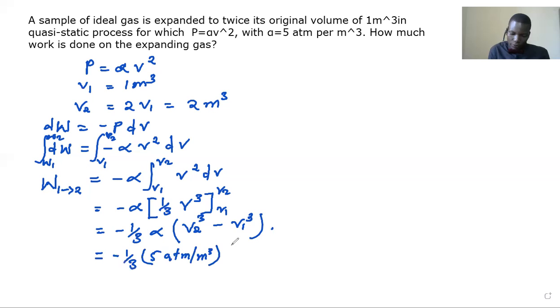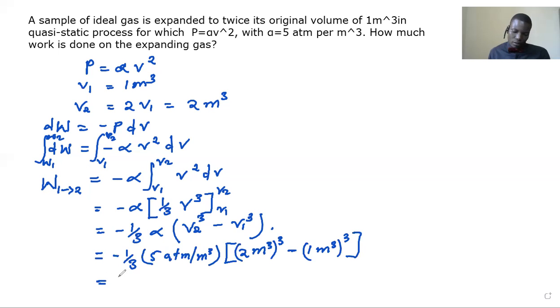And V2 is actually 2 meters cubed, and this is cubed, minus 1 meter cubed.